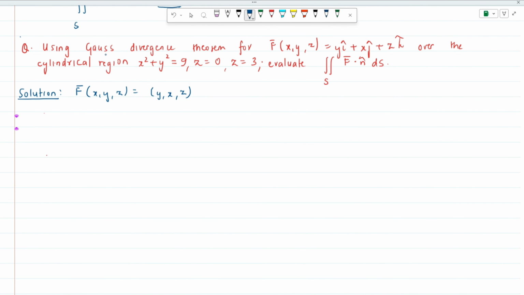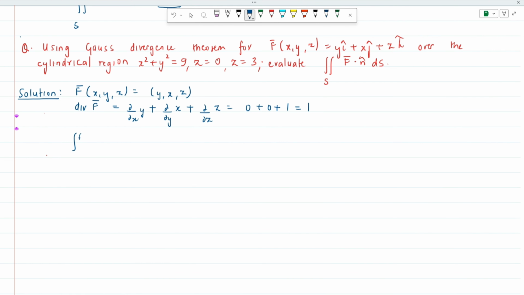Since we are going to take help of the Gauss divergence theorem, we will be interested in the divergence of F bar, and that is going to be the partial derivative of the first component with respect to x plus the partial derivative of the second component with respect to y, and the partial derivative of the third component with respect to z. Again, in this case, we end up with 0 plus 1, which is equal to 1.